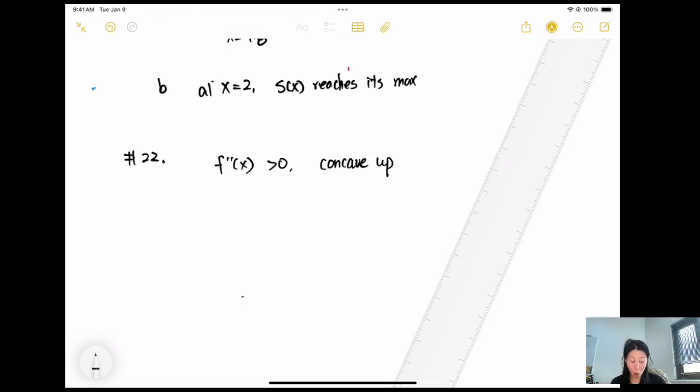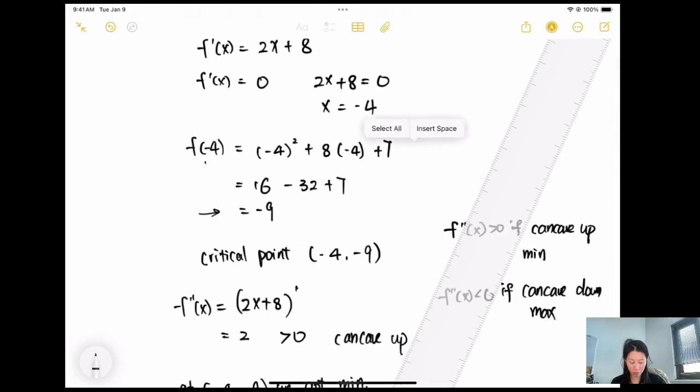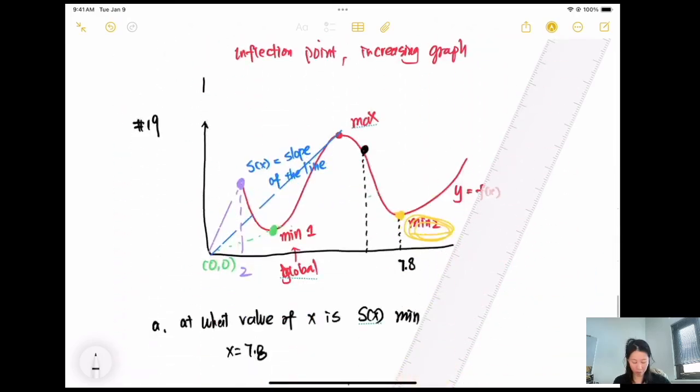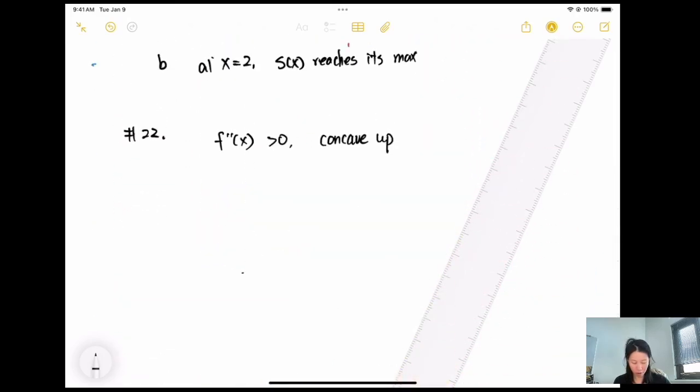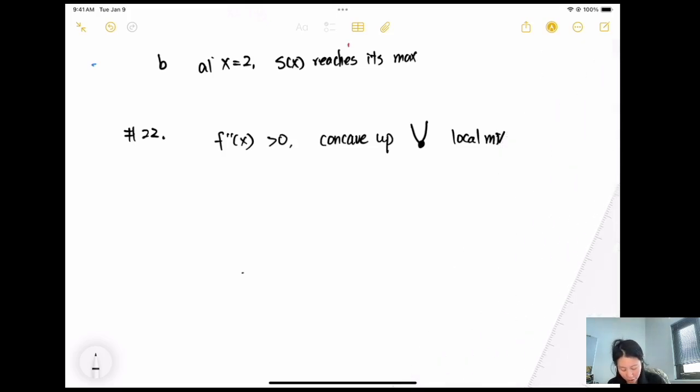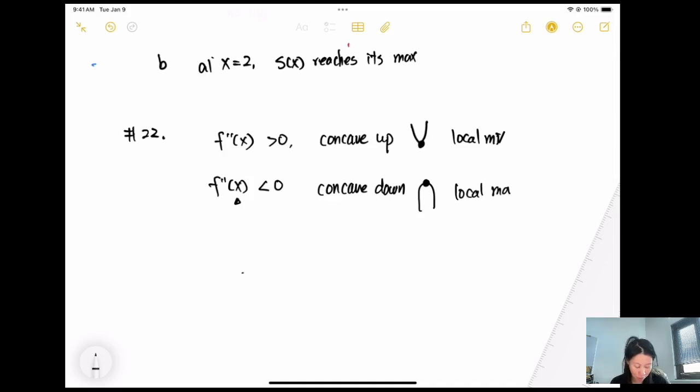It looks like a bowl or a U. So the graph looks this way, so you will have a local minimum. But if your second derivative is less than 0 at that point, it's going to be concave down. It looks like an N, so you will have a local maximum.